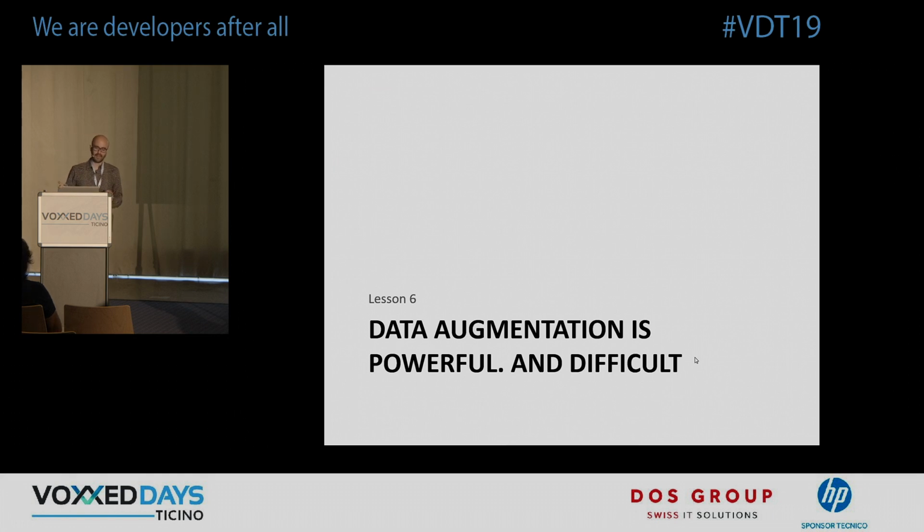Last lesson, actually, I will skip the really last one, comes from another recent project that I did. The lesson is that this thing of data augmentation, you remember rotating the images to generate new ones for free, is really powerful.